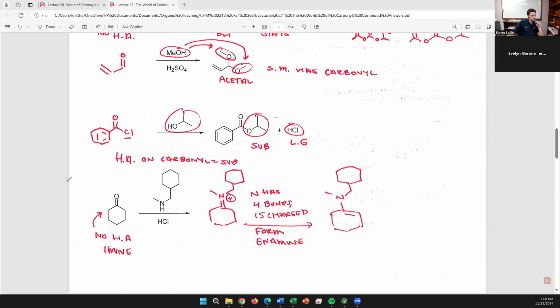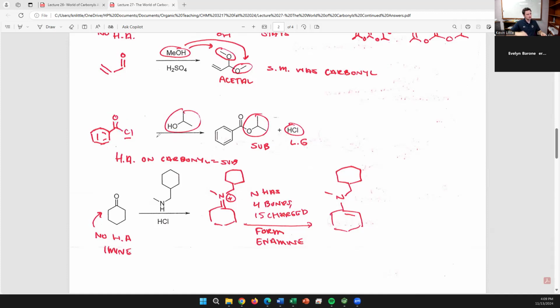I balanced the equation out. Gotcha. And it's because the alcohol there would attack the carbonyl, and wait, no, it wouldn't. You push it up and then it comes back down and kicks off the chlorine as a leaving group. Okay, that makes more sense now.